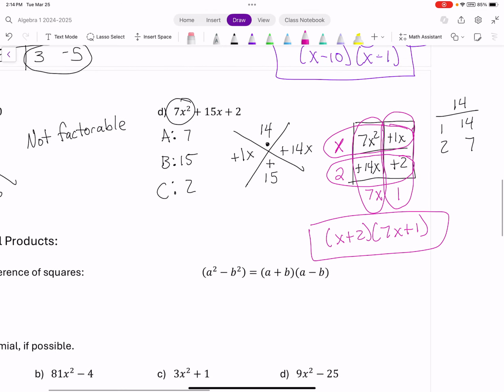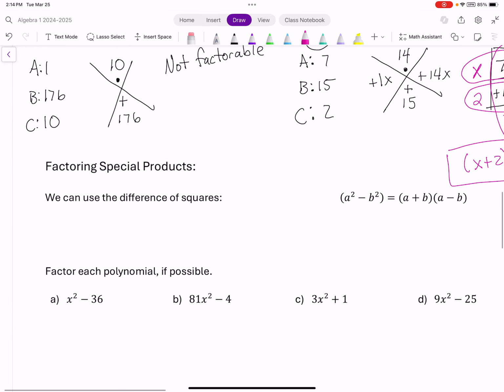Okay, two more sections. The first one we're going to talk about is called special products. And so we're going to look at using the difference of squares. So if we break down that meaning, the word difference means a subtraction. So this only works on subtraction problems.